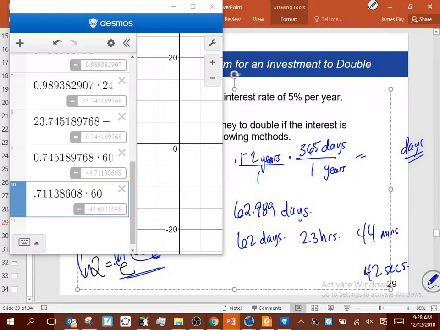Well, we like to talk about that a different way in trig. We like to talk about it as 43 degrees and 30 minutes. A circle is broken up into 360 degrees, each degree is broken up into 60 minutes, and each minute is broken up into 60 seconds.